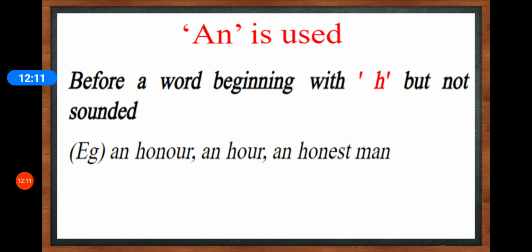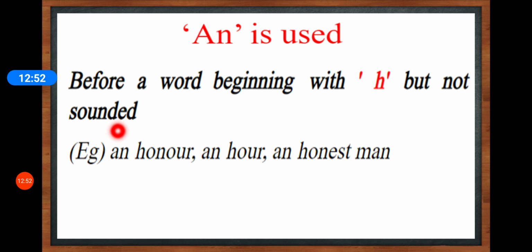Now, important point to note over here is an is used before a word beginning with H but not sounded. What does that mean? That means that if there is a silent H in any word and the next sound is a vowel sound, in that case also we will use the article an, because when we speak that word, what we get to hear first is the vowel sound.